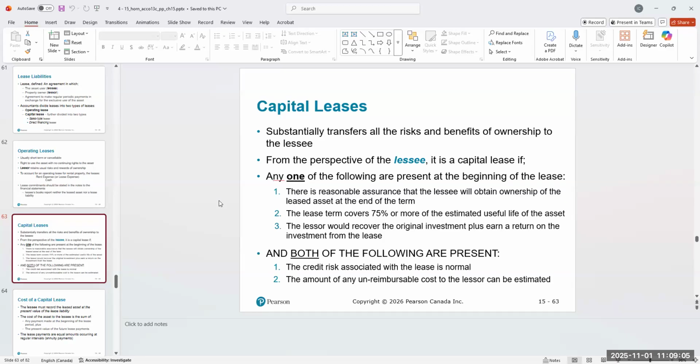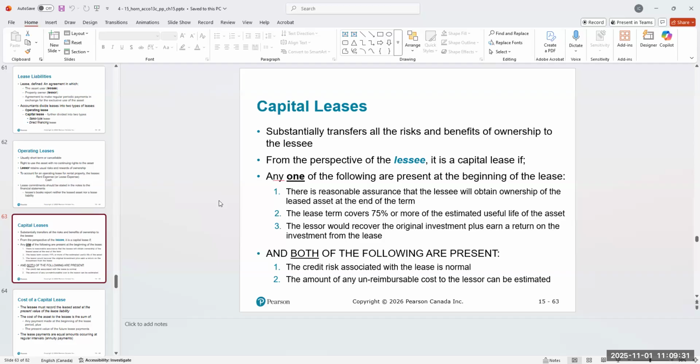Capital lease. Capital lease is the one that's more interesting. Capital lease means that the owner of the asset substantially transfers all the risks and benefits to the lessee. The lessor transfers the risks and the benefits of ownership to the lessee.